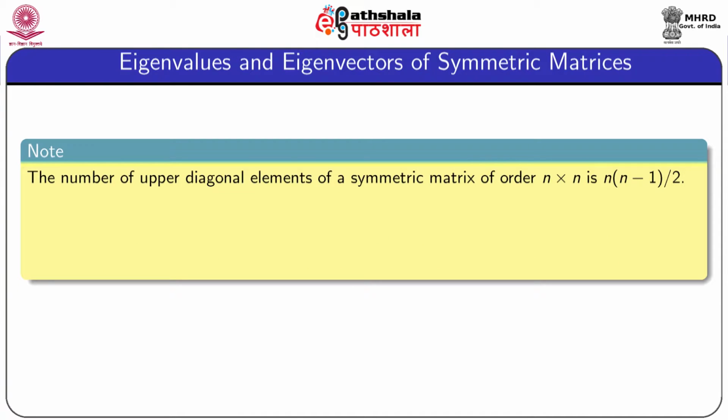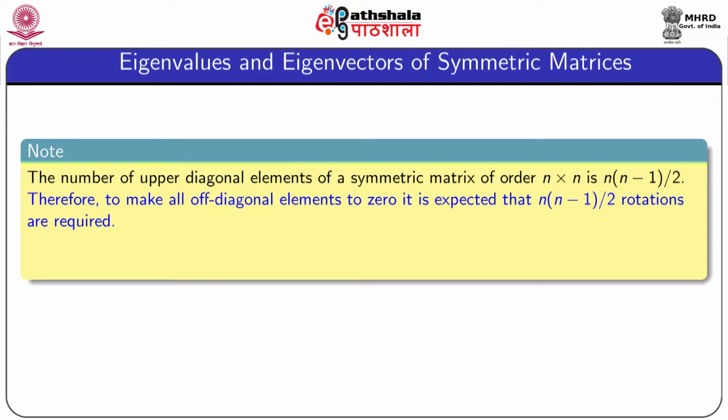The number of upper off diagonal elements of a symmetric matrix of order n by n is n into n minus 1 by 2. It is obvious that the number of half off diagonal elements is n into n minus 1 by 2. Therefore, to make all off diagonal elements 0, it is expected that n into n minus 1 by 2 rotations are required to convert the original matrix to a diagonal one.